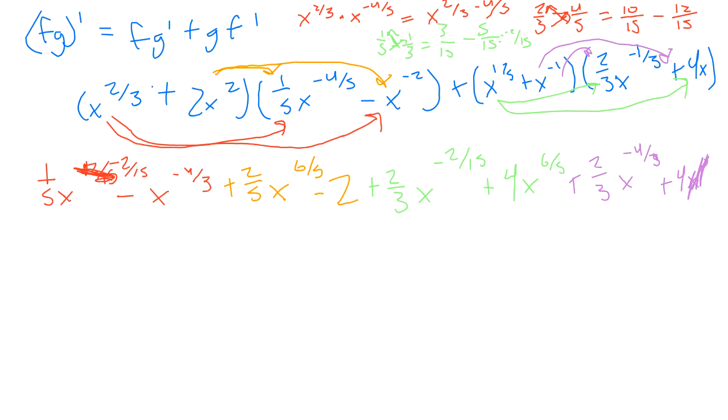So now let's see if we can combine any of these terms. We can see that we have a couple terms with negative 2/15 in the exponent. So we have 1/5 plus 2/3. We're going to go down to 15 for our denominator, and that's going to get us 3 plus 10, and that is going to get us 13/15 x to the negative 2/15.